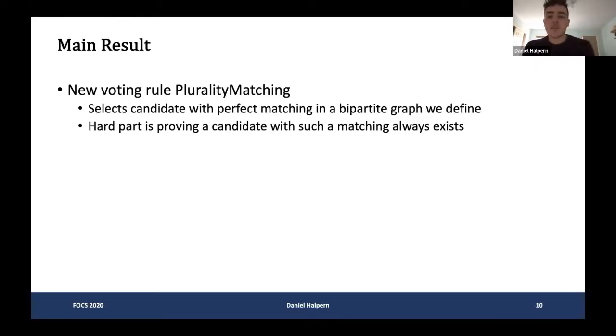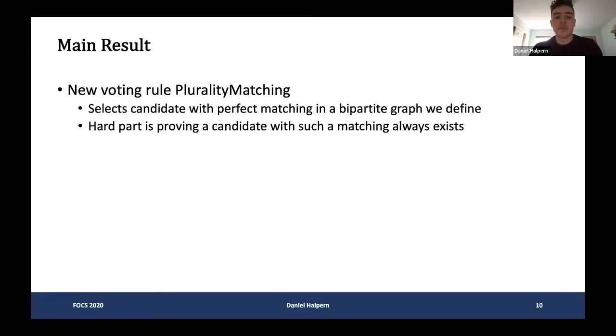At a high level, we look at some bipartite graphs, one for each candidate. And we're going to choose a candidate that has a perfect matching in these graphs. These graphs are matching voters to voters in a way that's matching unhappy voters with that candidate to happier ones. So we're looking for candidates that have more of these edges, and in this case, a perfect matching.